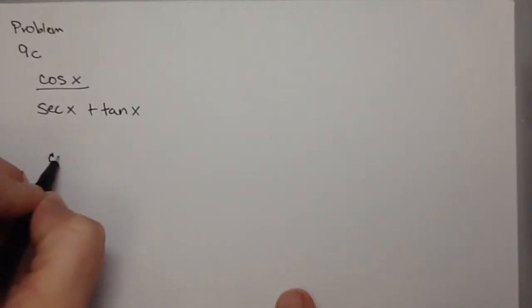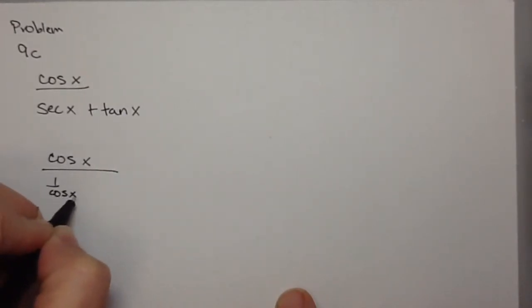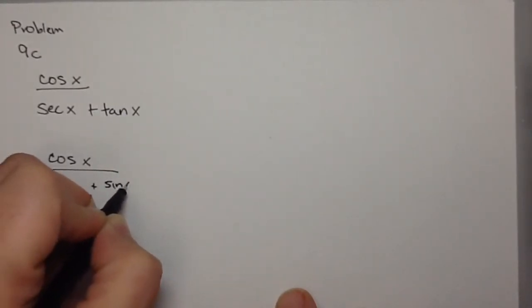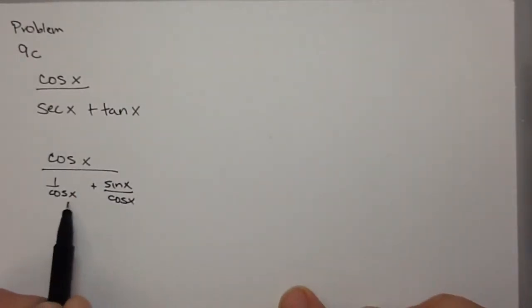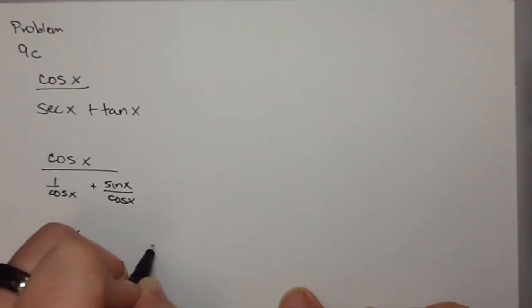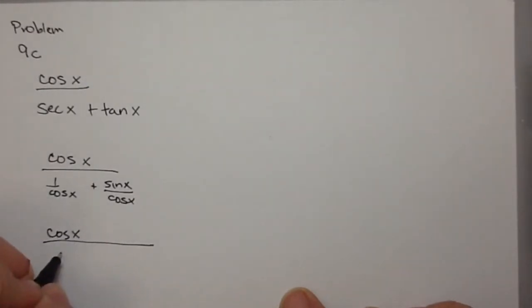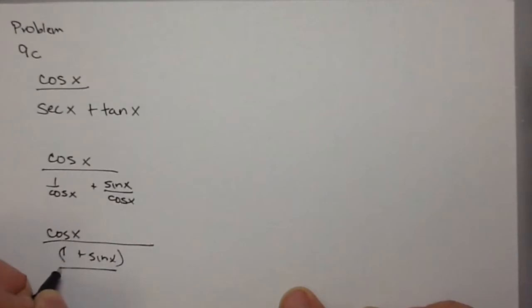So we've got cosine x over 1 over cosine x plus sine x over cosine x. So it looks like we've got a common denominator going on here anyway. So we've got cosine x divided by 1 plus sine x all over cosine x.